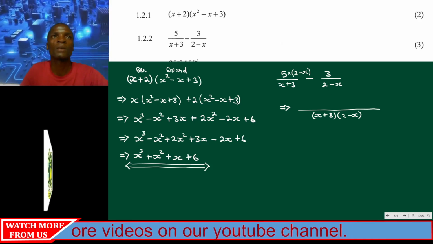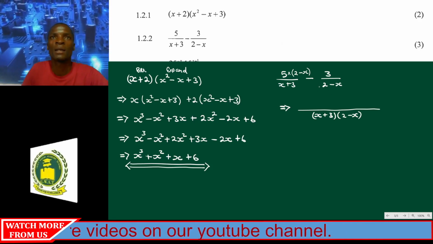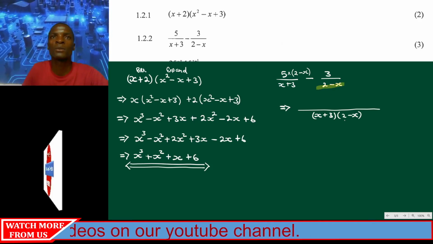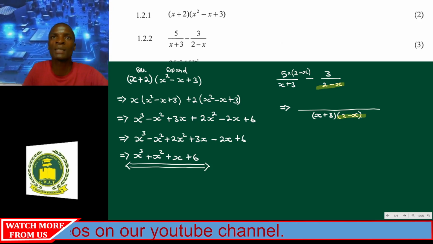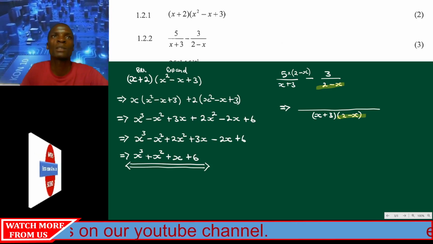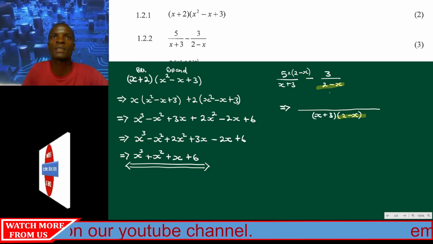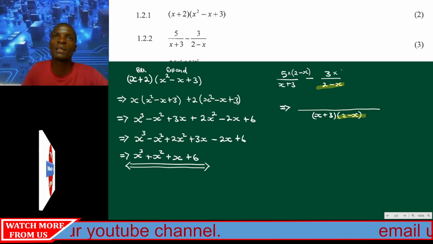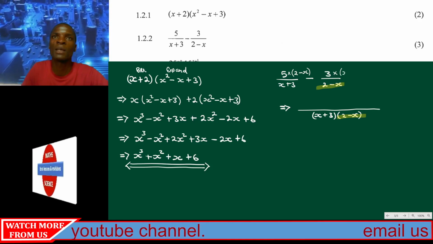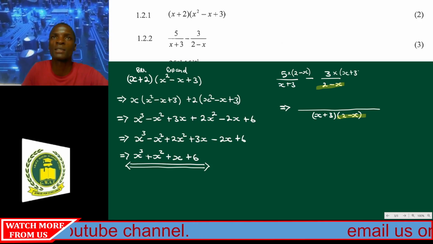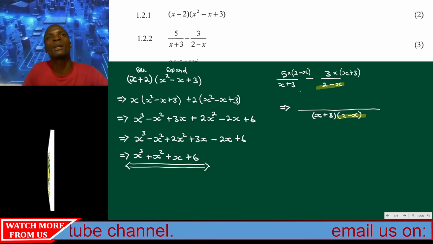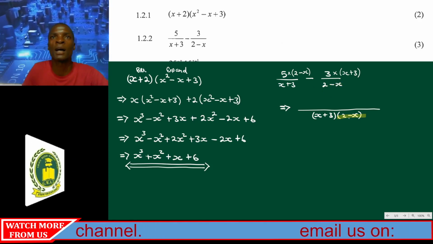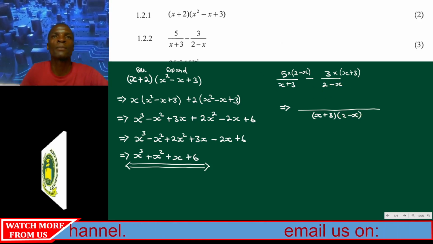So that means we are going to be cancelling what? 2 minus x gets into the whole denominator, so 2 minus x is gone, and we are left with x plus 3. So what is left should multiply the numerator, and then we multiply this by x plus 3. That's the sequence. All right, when you're done with this, don't forget also to remove the highlight.